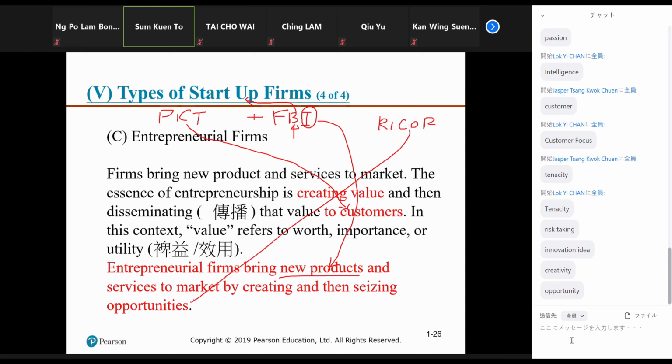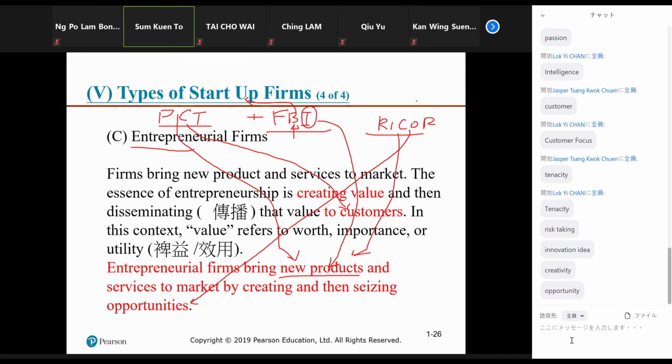Because you have a very innovative new product and an innovative idea, that's creativity, and also customer focus. Because of all these, your motive to start the firm is very red core, very FBI, very PICT, and that's why you are qualified as an entrepreneur firm.